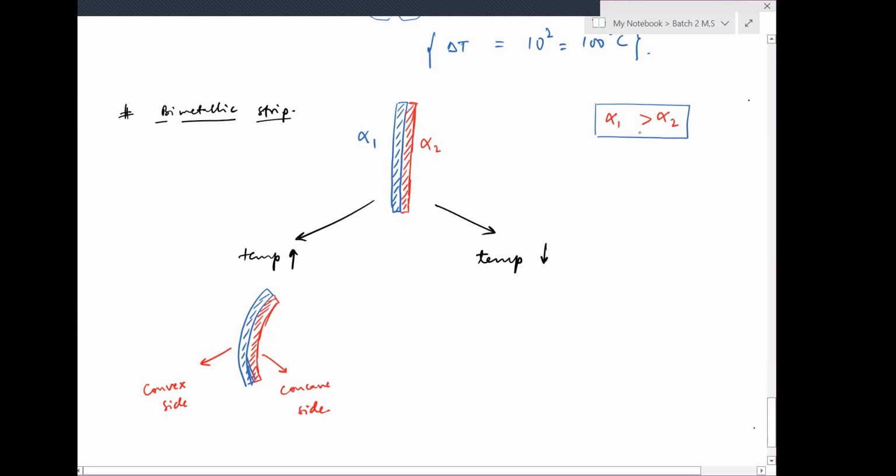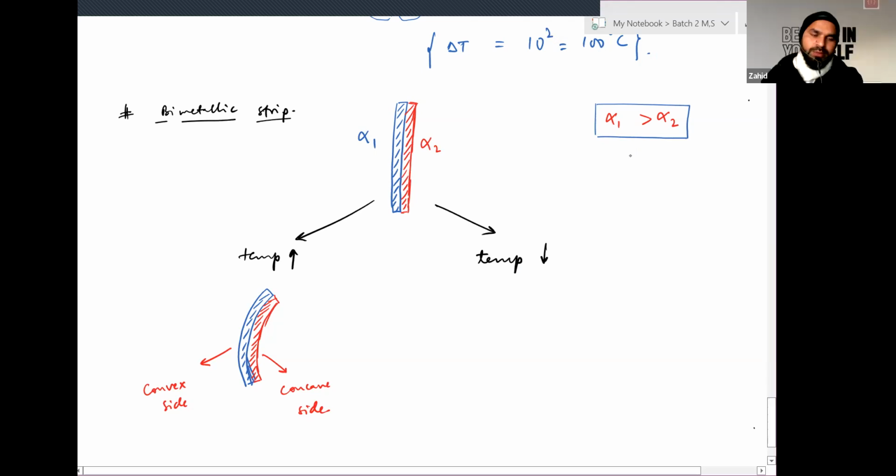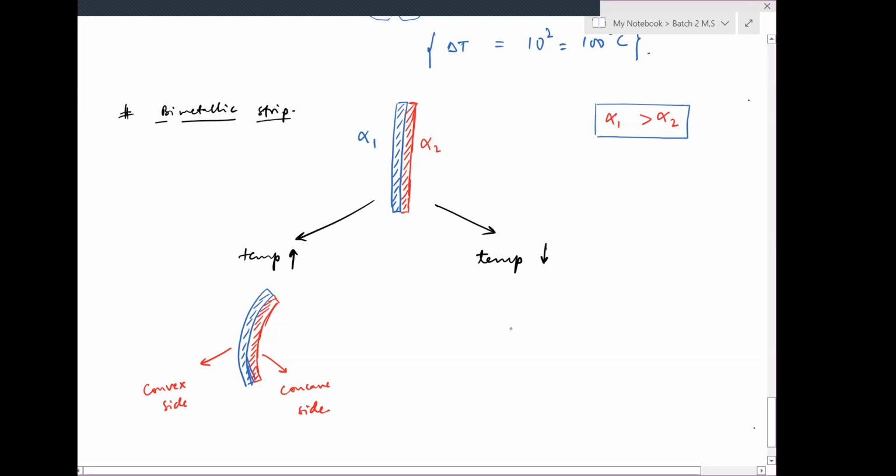Curve. Good. So on which side will the blue rod go and towards which side will the red go? Red will go towards the convex side. Good.